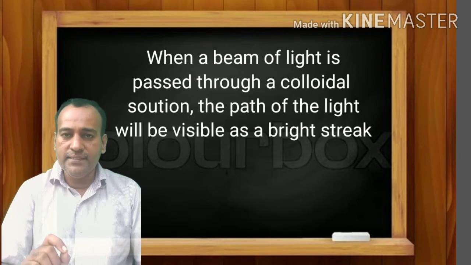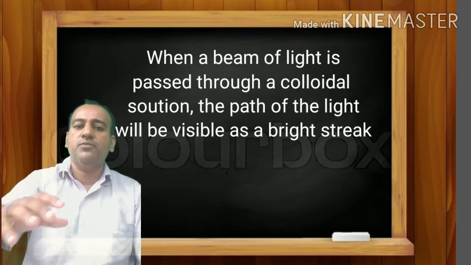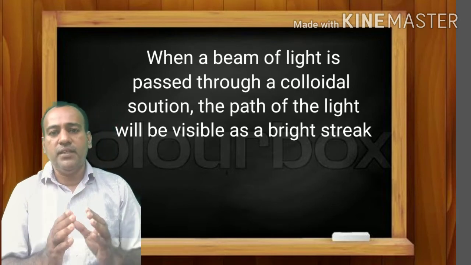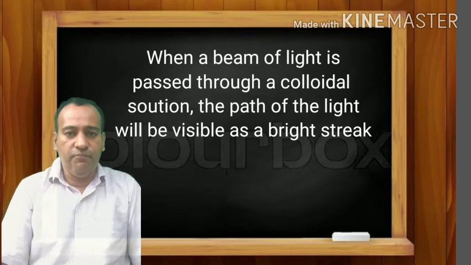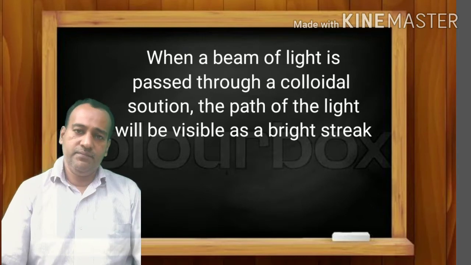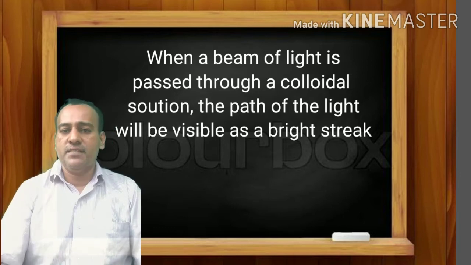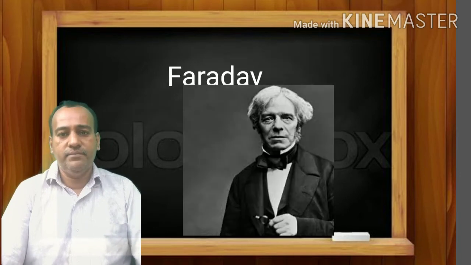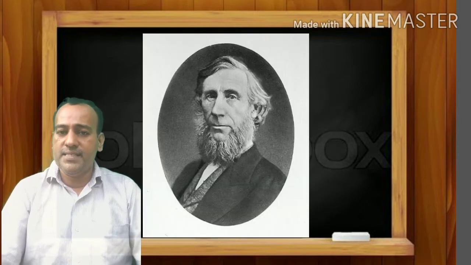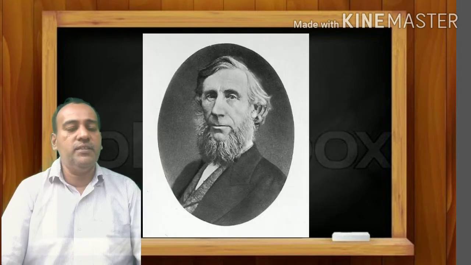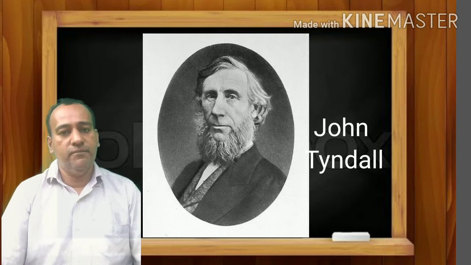When a beam of light is passed through a colloidal solution, the path of the light will be visible as a bright streak. This effect is called the Tyndall effect. It was first observed by Faraday, but later it was completely studied by Tyndall. That is why it is called the Tyndall effect.